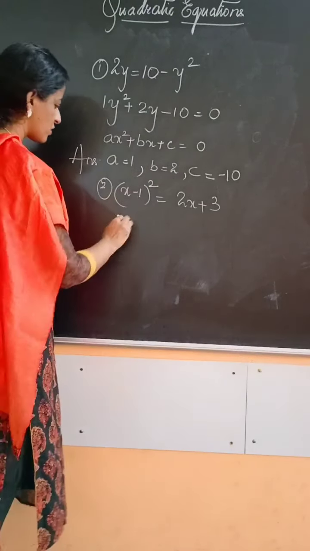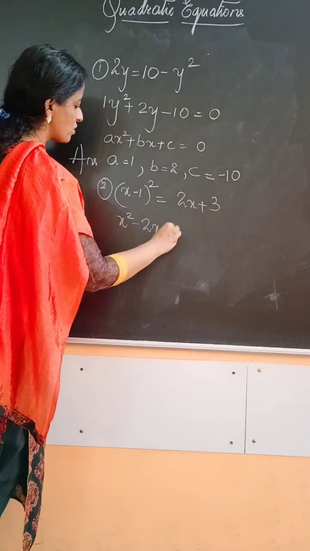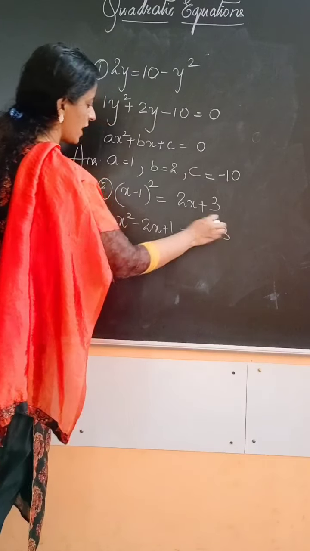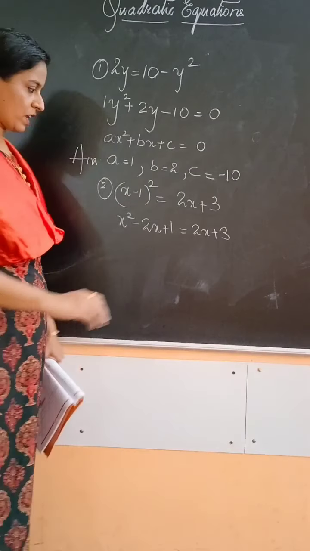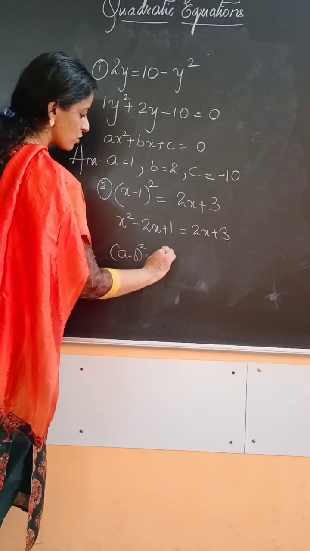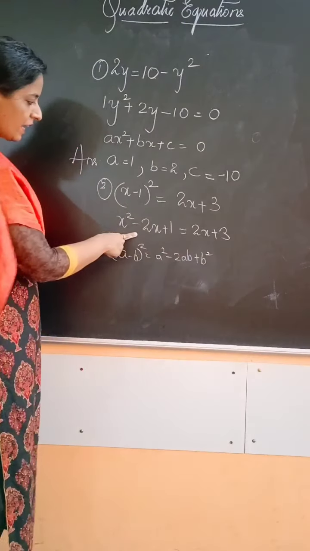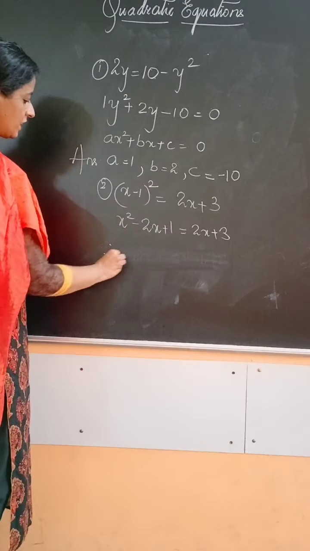Yes. x square minus 2x plus 1 is equal to the remaining part as it is, I copied. Now this is the same as a minus b the whole square. I hope you remember, a minus b the whole square is a square minus 2ab plus b square. Same thing I applied here. Okay. Now solve it further.